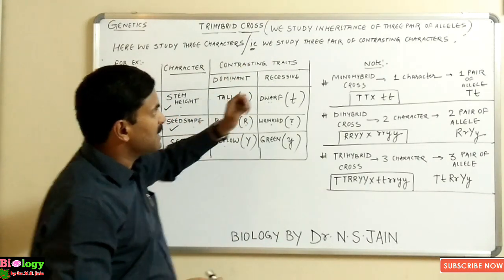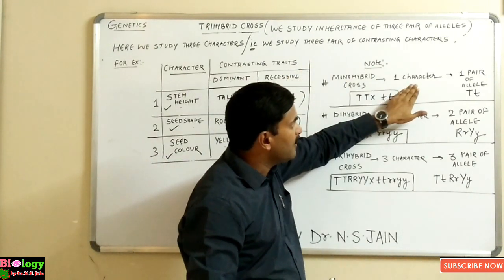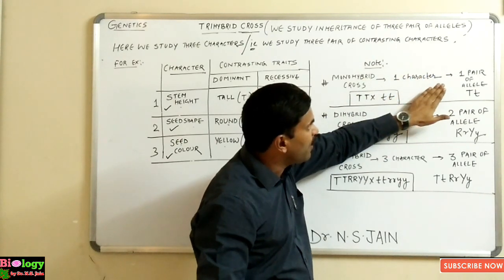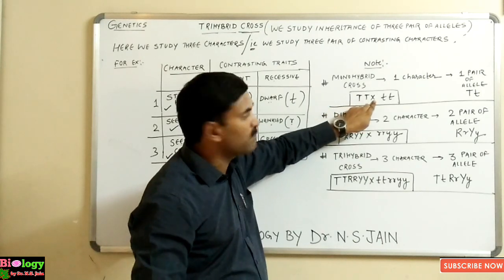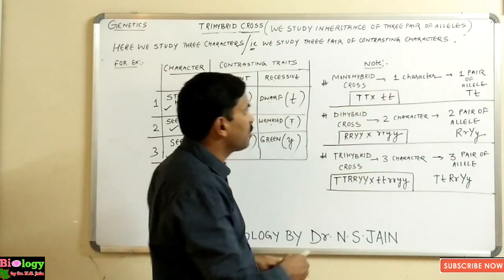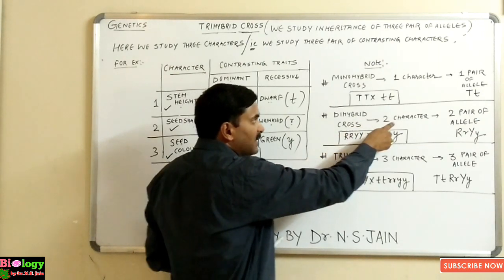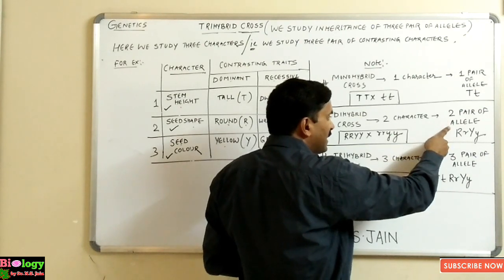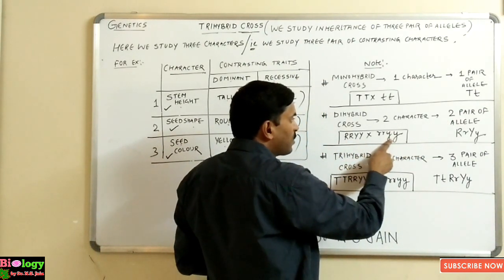Now see, in monohybrid cross I took one character, which means one pair of alleles was used there, right? And we crossed capital T, small t, small t. In dihybrid cross we took two characters, controlled by two pairs of alleles, say capital R, capital Y, capital Y, small r, small r, small y, small y.